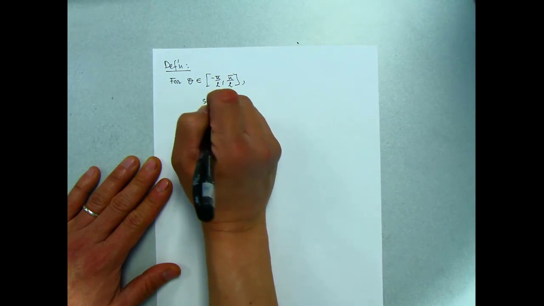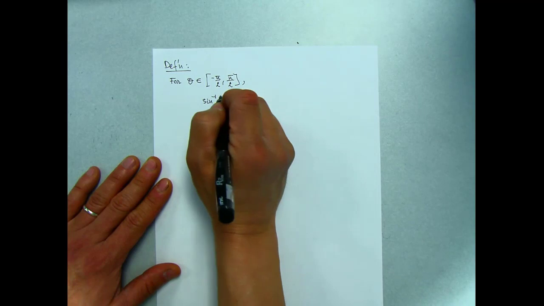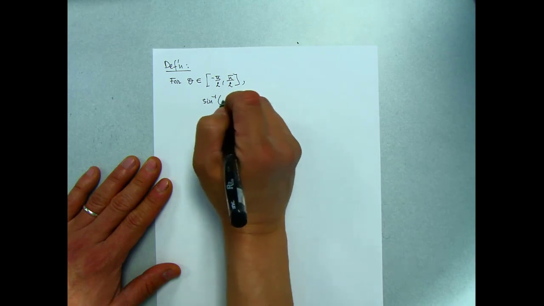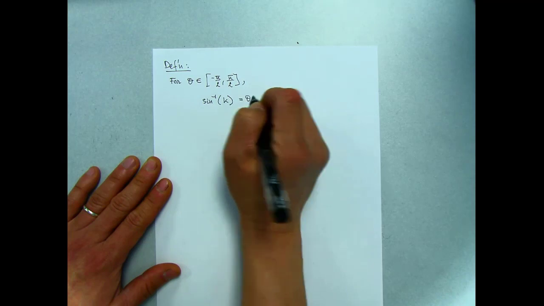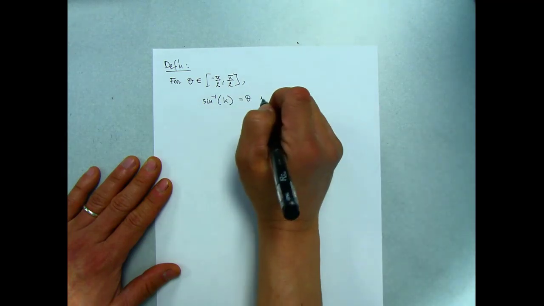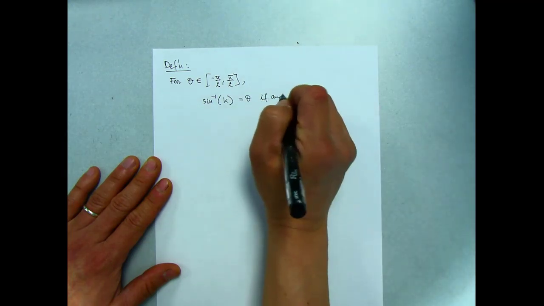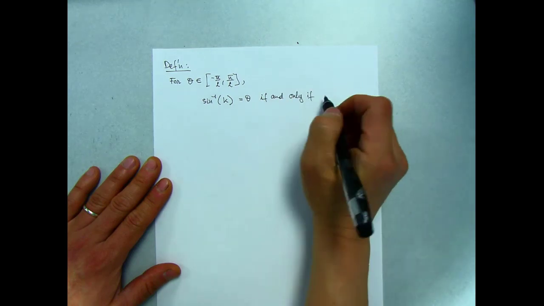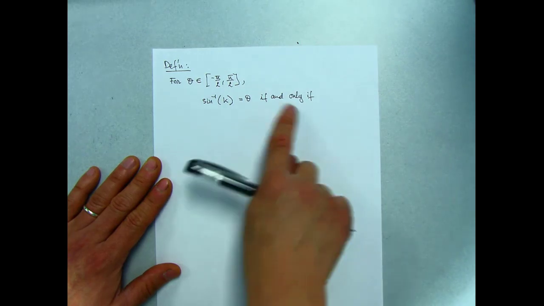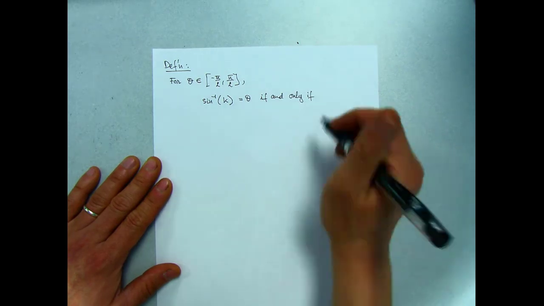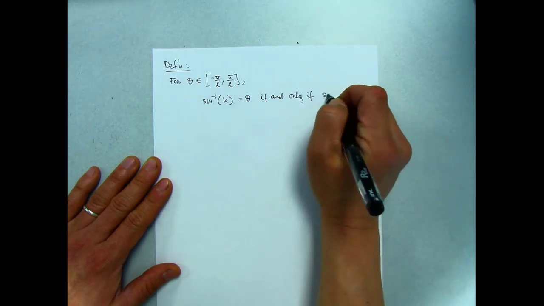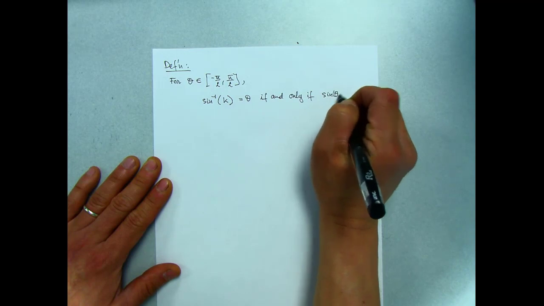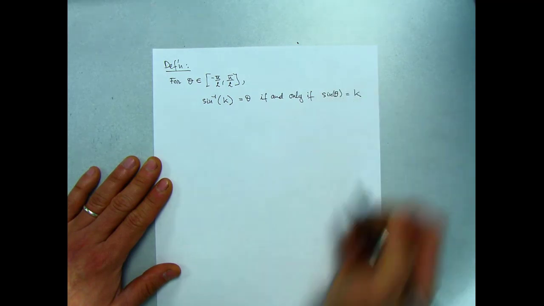Then sine inverse of a value k will equal the angle theta if and only if, another way of saying if and only if is whenever, sine of theta equals k.